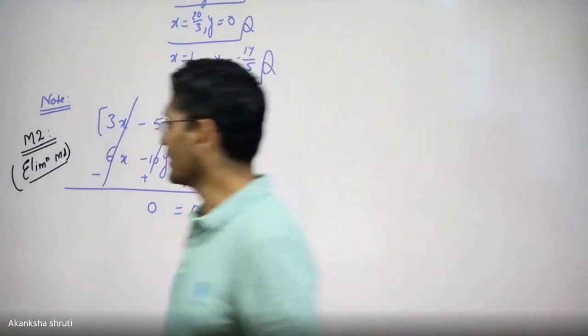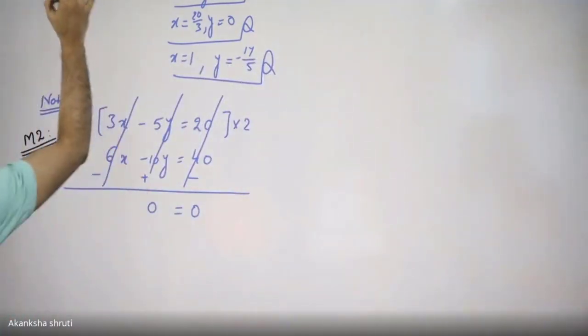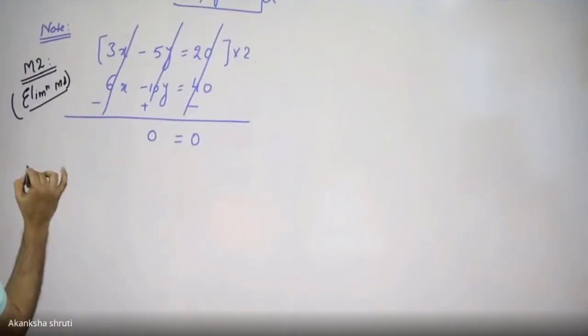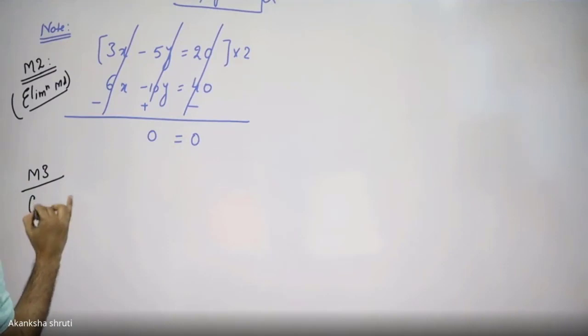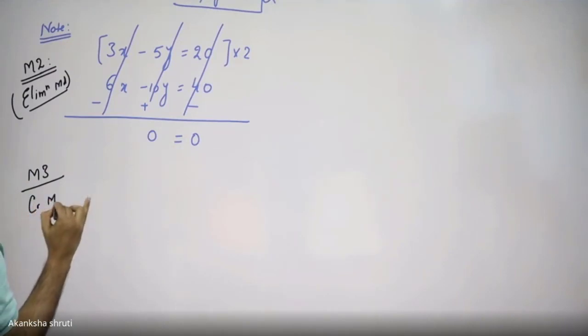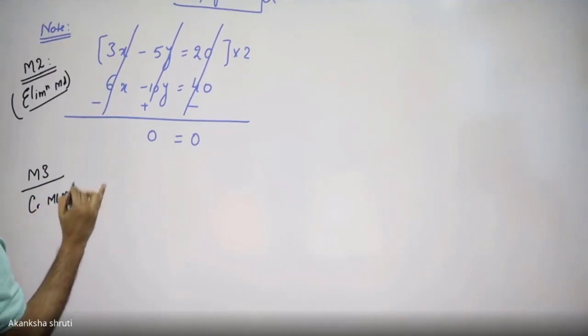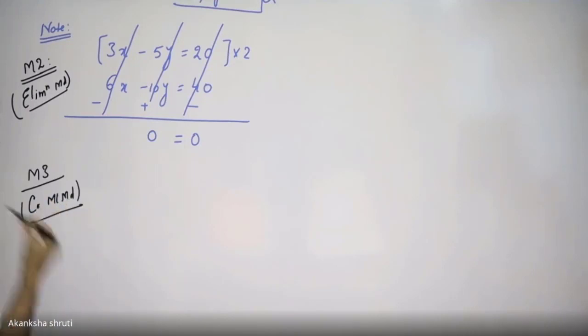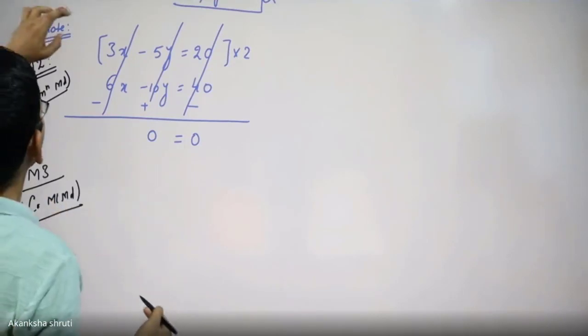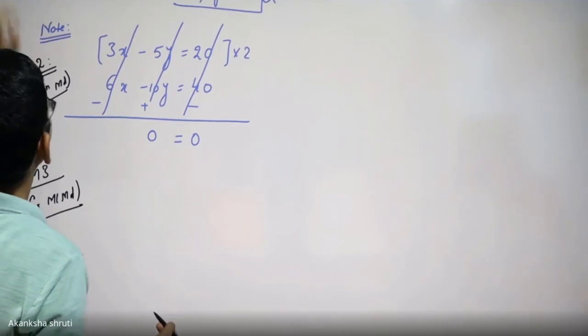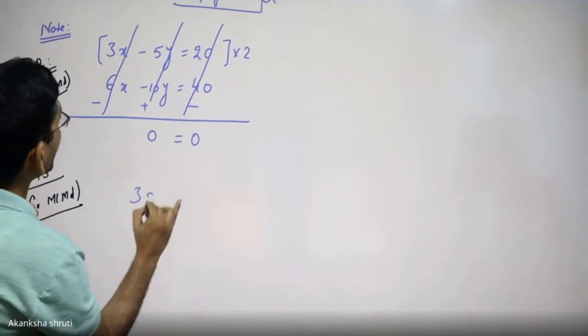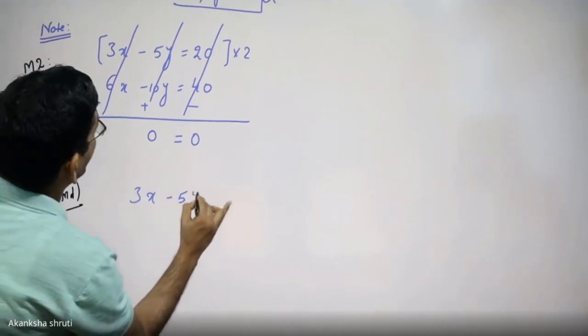Let us come to the other method, method number 3, the cross multiplication method. If I apply this cross multiplication method, what is going to happen? Let us see. It is 3x minus 5y.